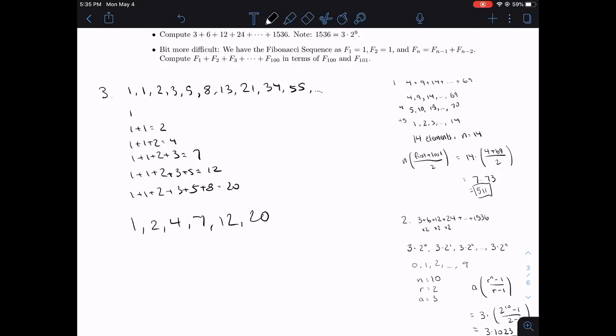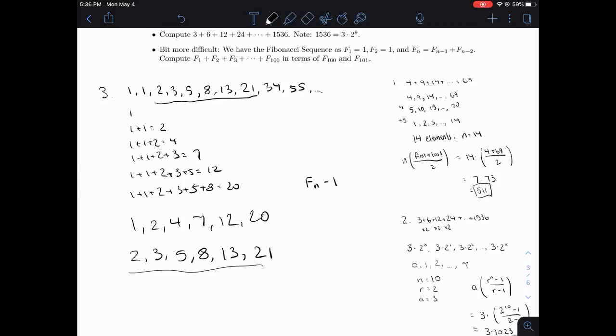Most of you probably haven't noticed it yet, so let's add 1 to each number to see what happens. We get 2, 3, 5, 8, 13, 21. And this is identical to the Fibonacci sequence. So there's something with f of n minus 1.